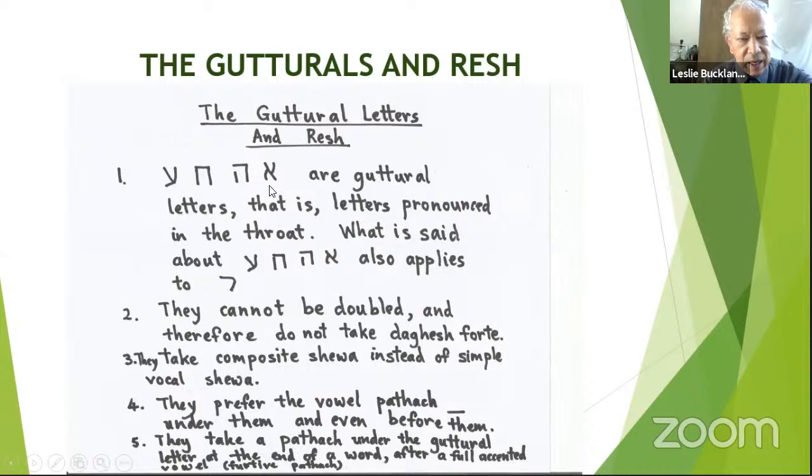They will need to take a composite shawa under them. They also prefer the vowel pathak, either under them or before them. And they take a pathak under the guttural letter when the guttural letter is at the end of a word, which is immediately preceded by a long vowel that has the accent, the arrowhead, over it.